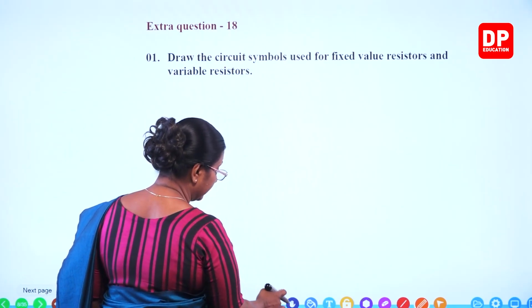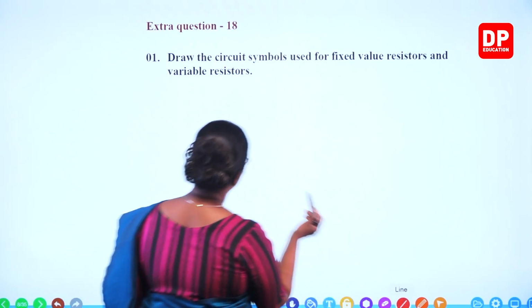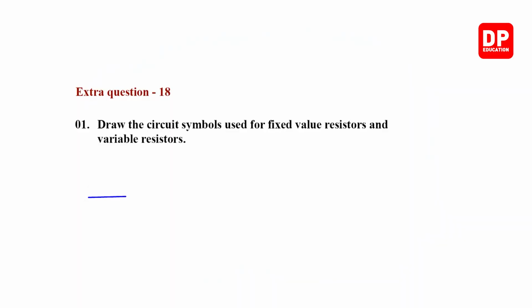If we look at the symbols, now here you can either have this zigzag line or you can have this rectangle to show the fixed value resistors.